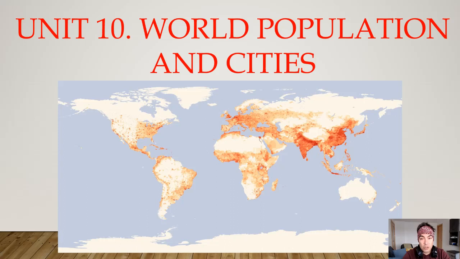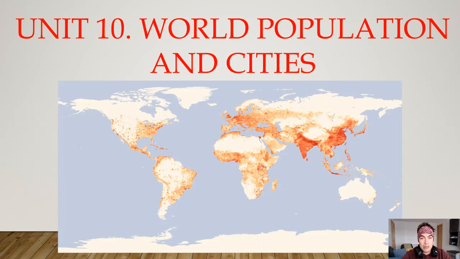It is a short unit because we are only going to see the specific data of every continent in the world, the specific data about demographic indicators, which we have studied in unit 7 or 8, and the cities in these continents, which we studied in unit 9.